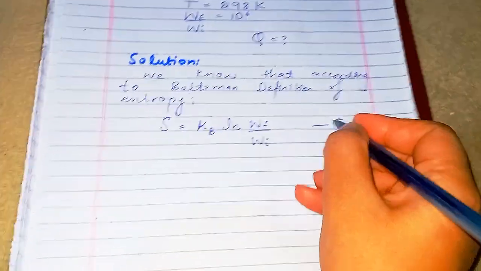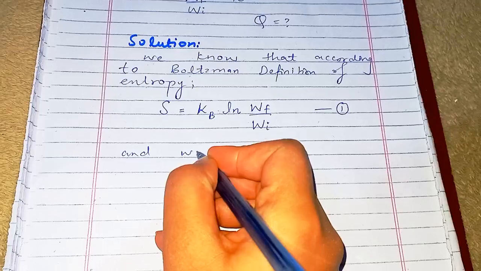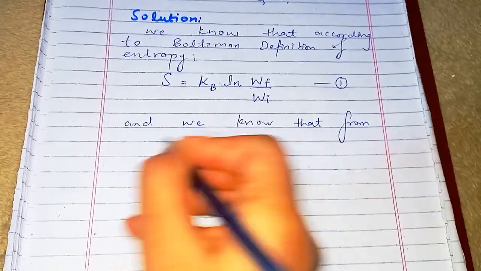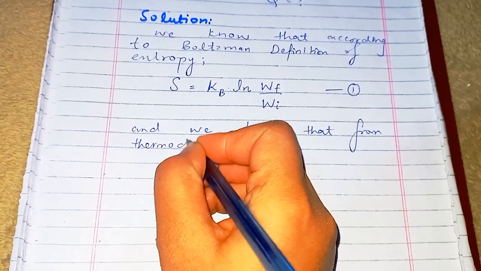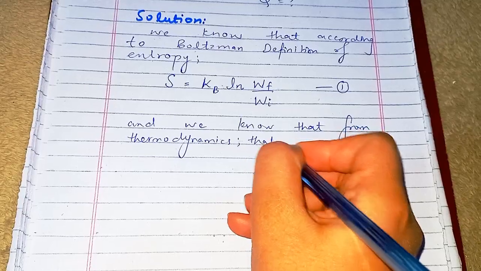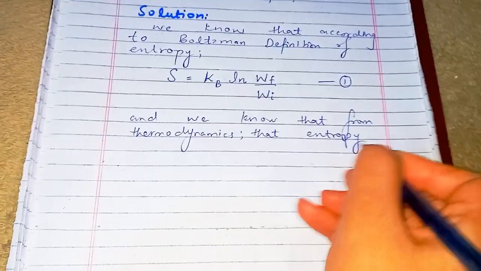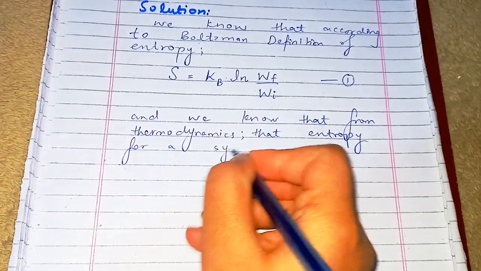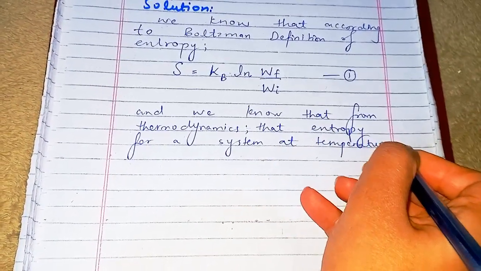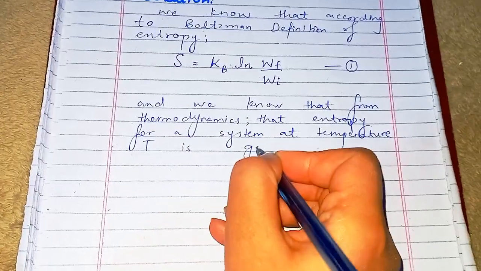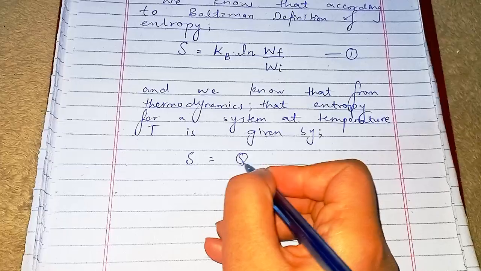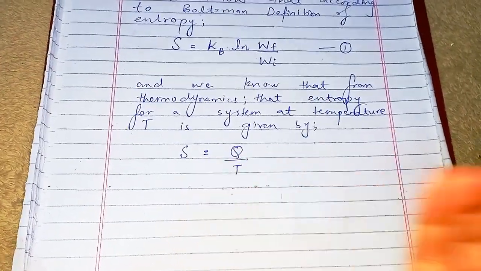So this is one of the formulas, and we know that from general thermodynamics, the entropy increase for a system at fixed temperature T is given by the entropy increase equals Q added divided by the temperature at which the Q has been added.